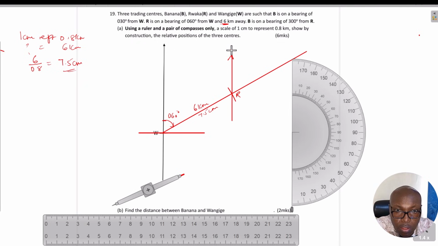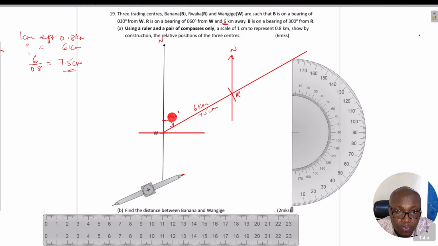So this one, north, north. So this is what I mean, that this line should be parallel to this. You must ensure that. That is very important. This line should be parallel to that. How do you ensure when you're drawing the true north it should be parallel? By just looking at this angle.